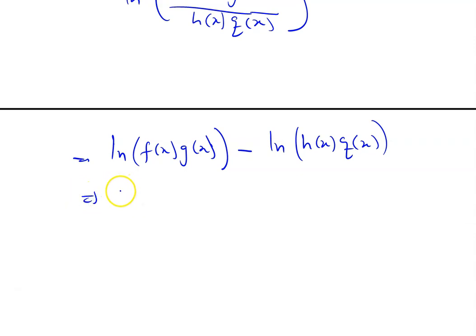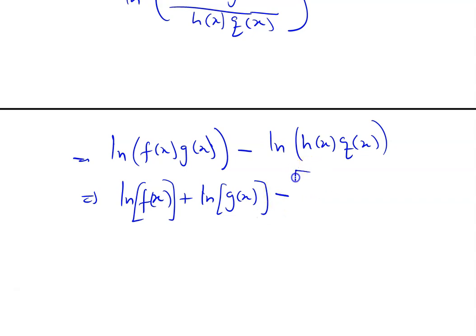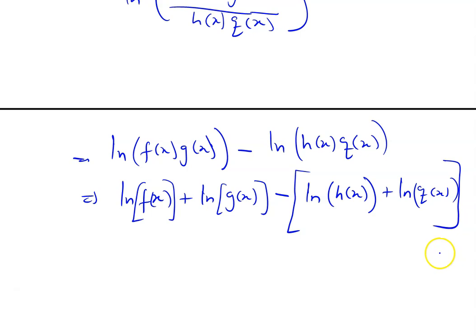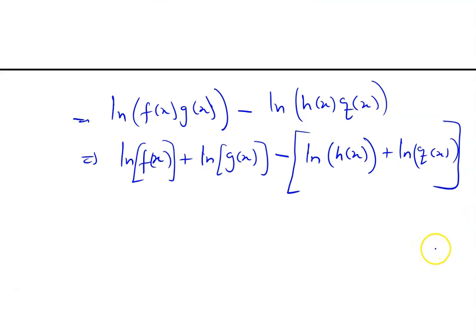So we will get ln f(x) plus ln g(x), minus, and this will be in a very big bracket, minus ln h(x) plus ln q(x), right? So the negative is affecting both the q(x) and the h(x).